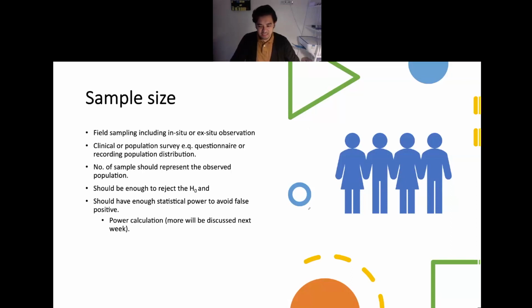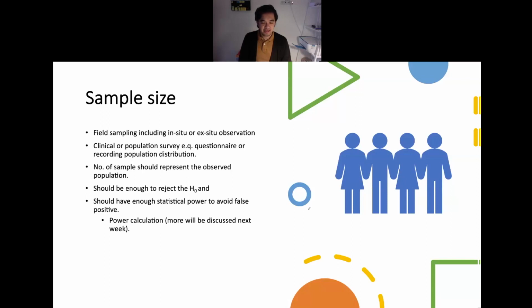Anything that comes from the actual collecting of samples from the field, from the actual distributed population, is considered your samples. The sample size is fairly important when you are doing field sampling work, in a clinical study or in a population survey.